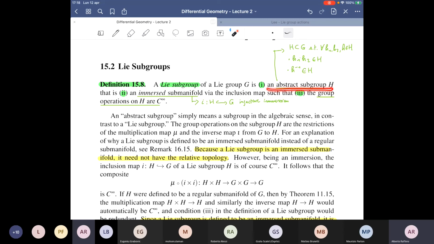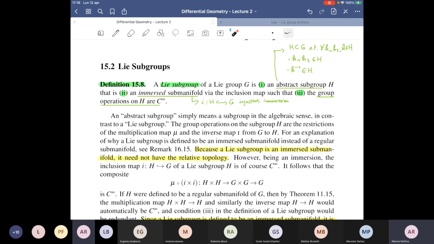So this is the algebraic condition. Then we have a condition of H inside G as a submanifold. Remember that G is also a smooth manifold. We want H to be an immersed submanifold of the Lie group G. This means that H is the image of an injective immersion, as you discussed last time.